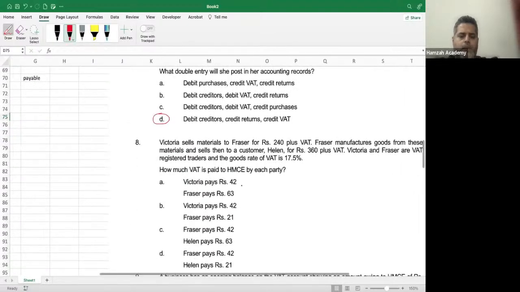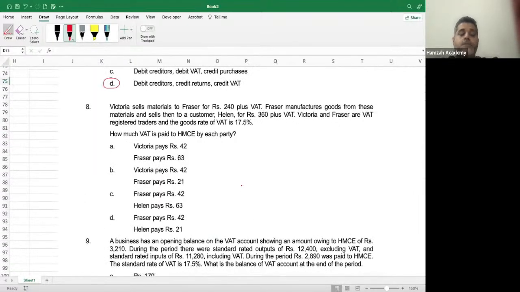Then, Victoria sells materials to Fraser for 240 plus VAT. Fraser manufactures from these materials and sells them to a customer, Helen, for 360 plus VAT. Victoria and Fraser are registered for the tax, and the goods rate of VAT is 17.5%.